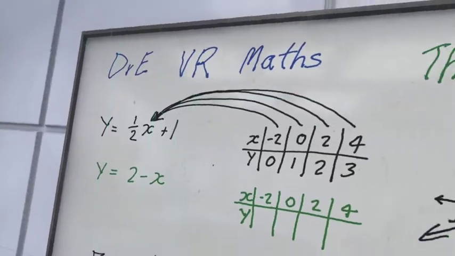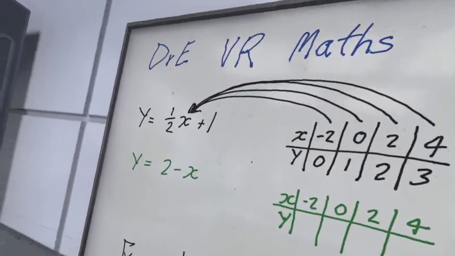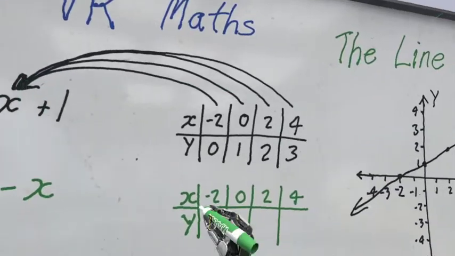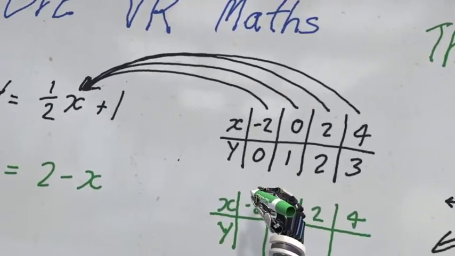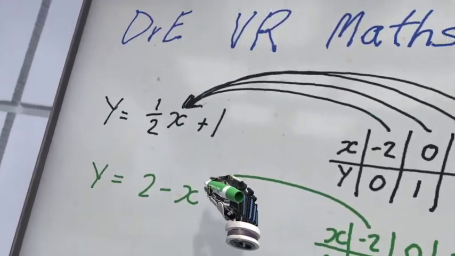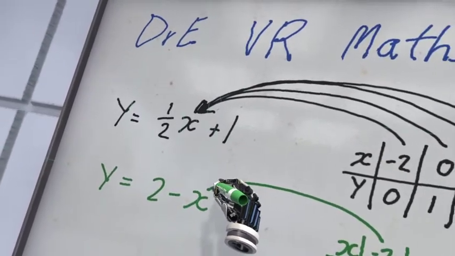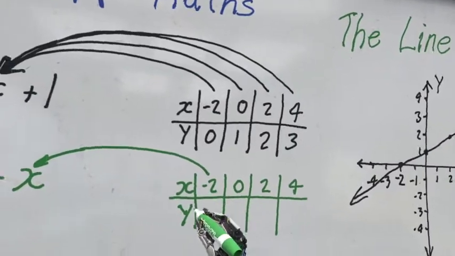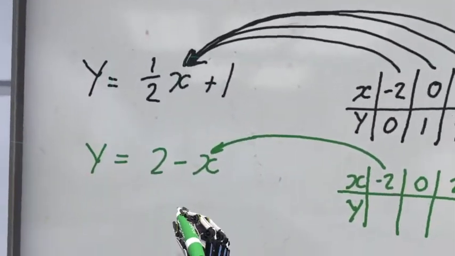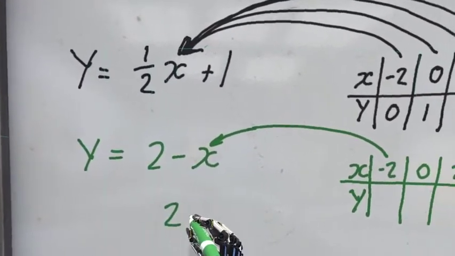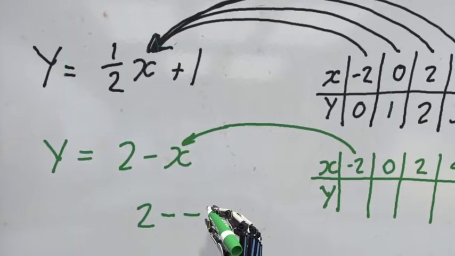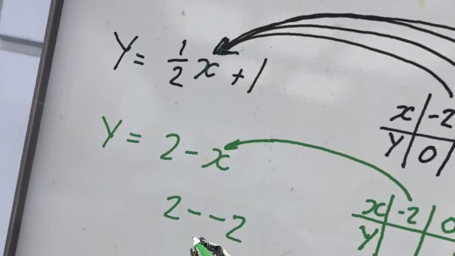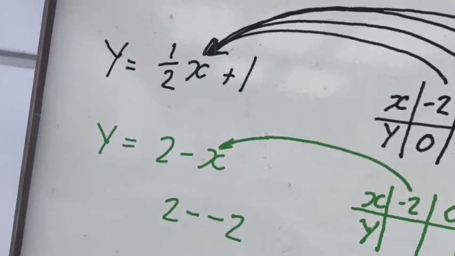So let's do a second one and see what happens. We've got y equals 2 minus x. Again, we're going to put each of these into the x value. So now we're going to go 2 minus minus 2. For this one, I'm just going to write it out for you. We've got two minuses together, which makes a plus.